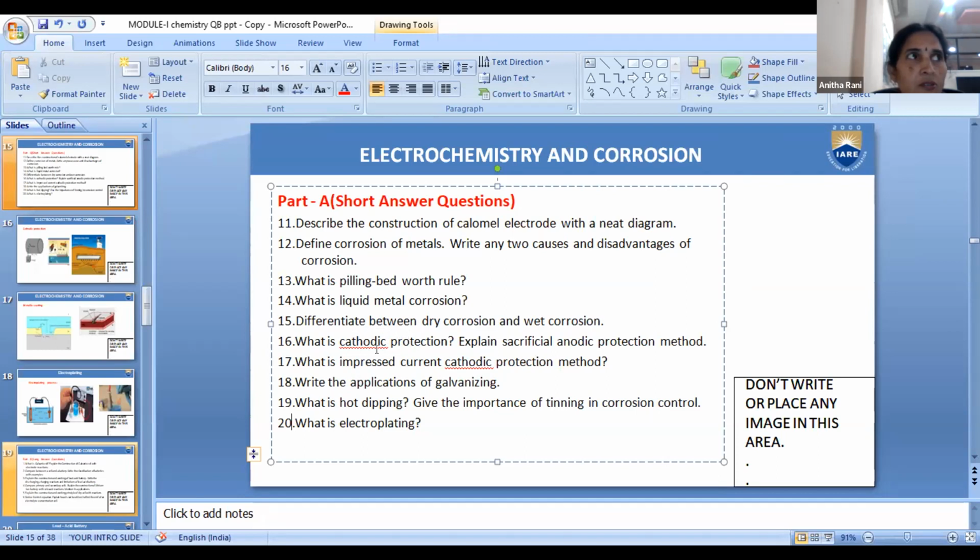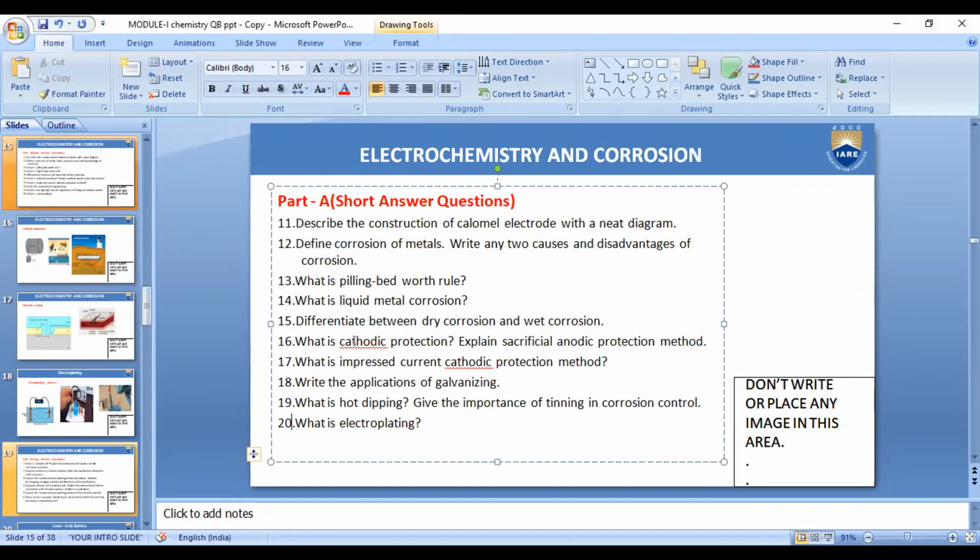I'm making the base metal into a cathode, covering it with zinc or tin, something like that. The base metal is made to behave like a cathode.